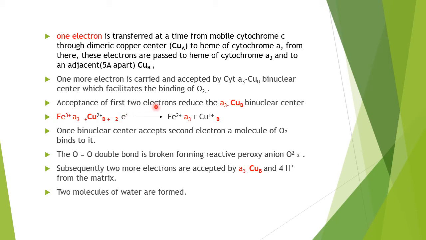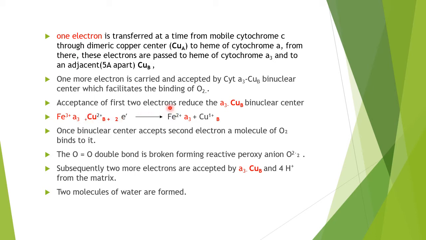Acceptance of the first 2 electrons reduces this first complex, cytochrome a3 and copper B, the binuclear center. The reaction is this. The iron of the heme of cytochrome a3 and the copper, which are together, will accept 2 electrons.